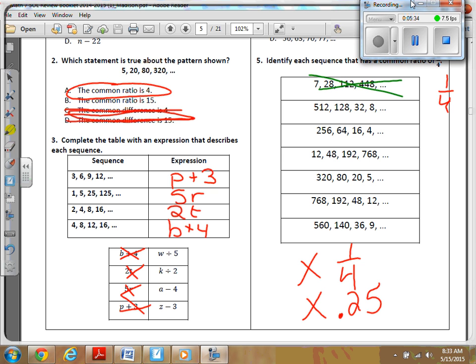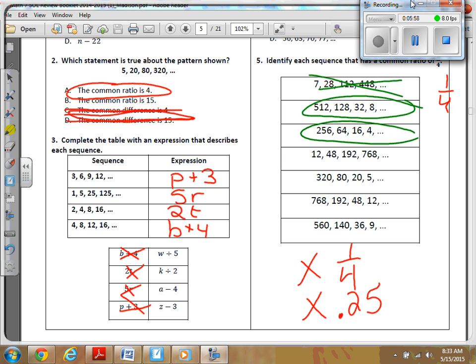What is 512 times 0.25? 128. What's 128 times 0.25? What's 32 times 0.25? So I know that that is an answer choice. Okay, what's 256 times 0.25? What's 64 times 0.25? What's 16 times 0.25?